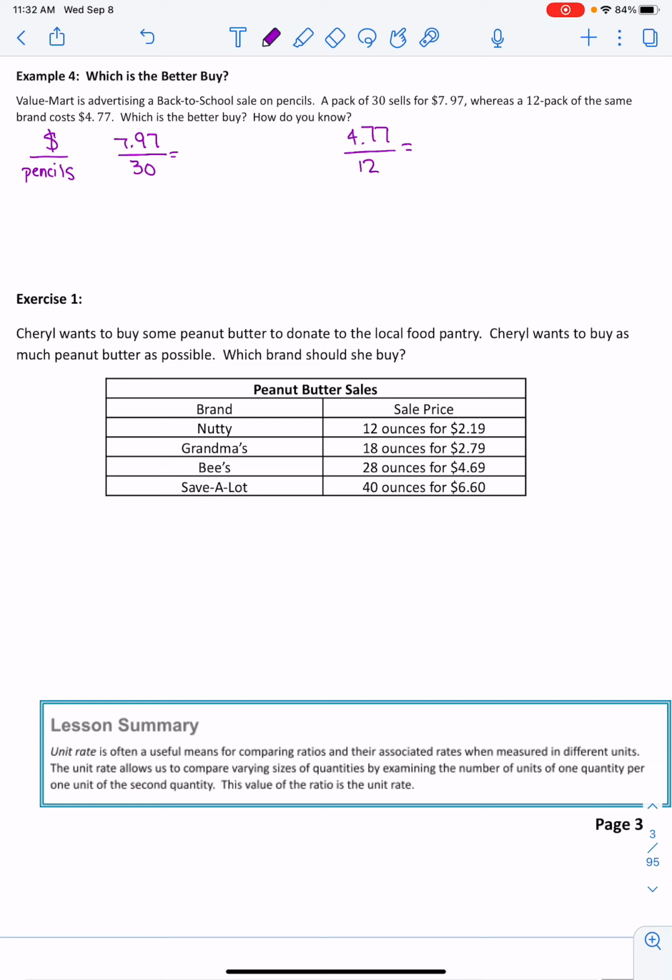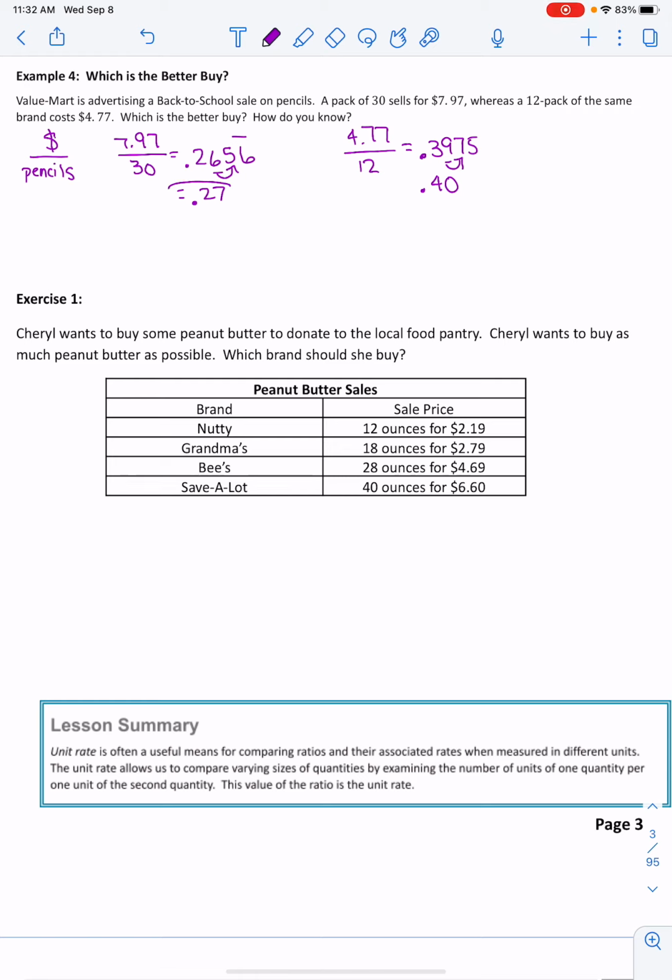When we divide them, we have 0.2656 repeating, and that rounds to, because it's pennies and cents, 27 cents. For the $4.77, it's 0.3975, and it's going to round to 40 cents.